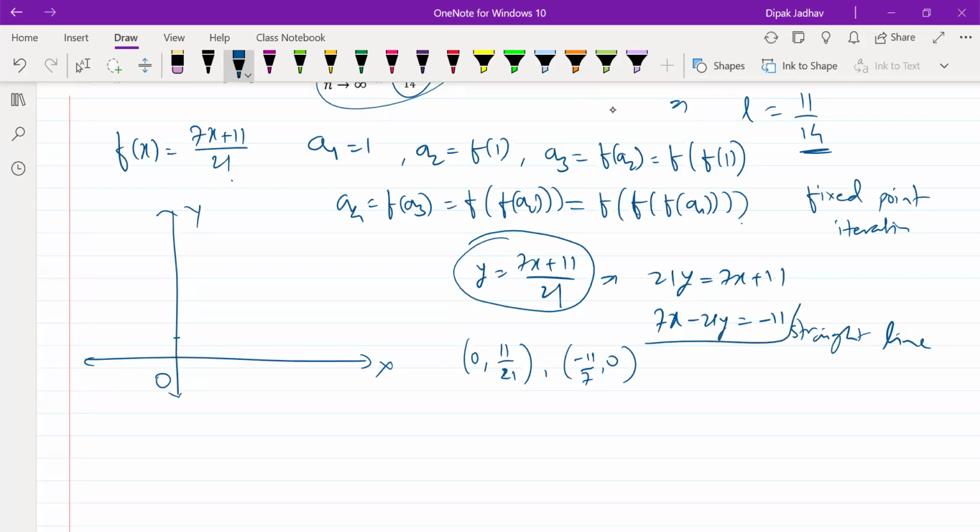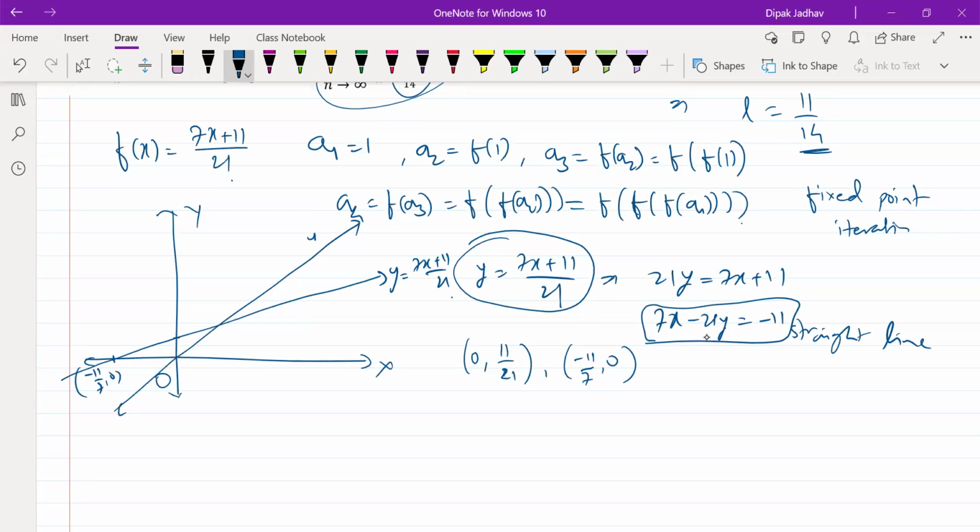We made a mistake here, and now it is correct. So you'll have the point minus 11/7 comma 0, and a line like this. This is y equal to (7x + 11)/21. And how will y equal to x look in this diagram? It will be like this. This is y equal to x.